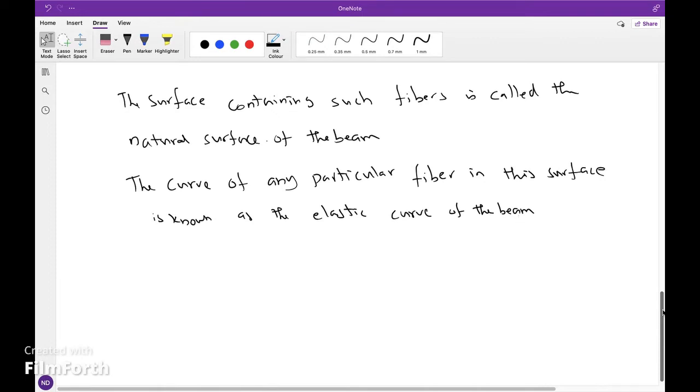The line in which any plane cross section of the beam cuts the neutral surface is called the neutral axis of that section.